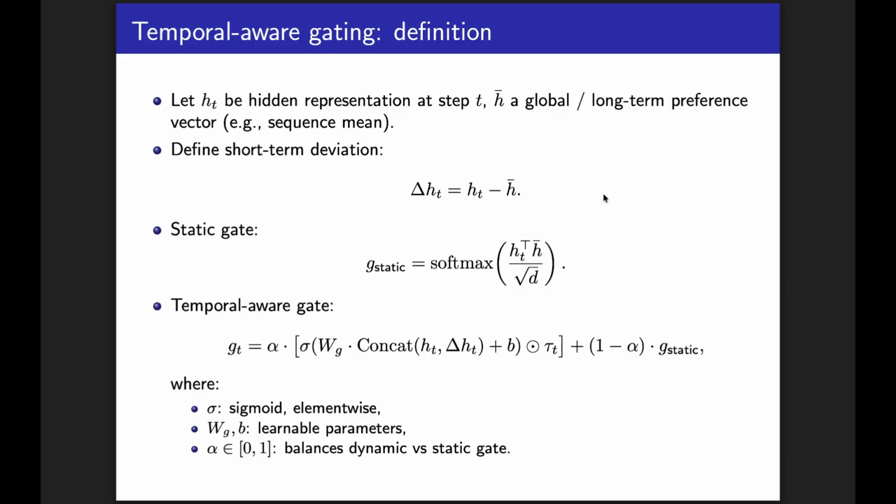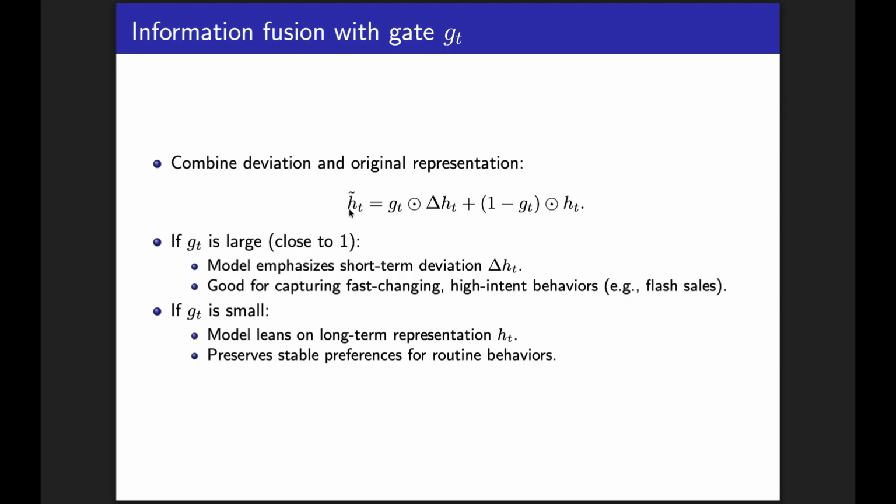So what we do now is update the hidden representation h of t by using the gate, and using this gate to balance how much of the short-term deviation delta h of t I should consider for this new hidden representation, and how much instead I should take from the actual representation at time step t.